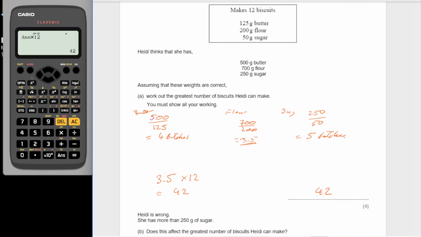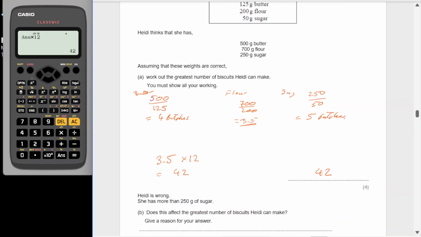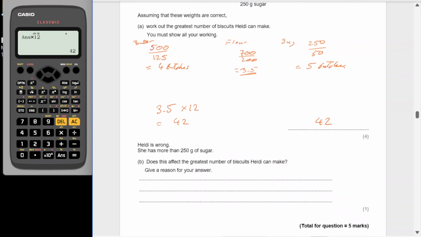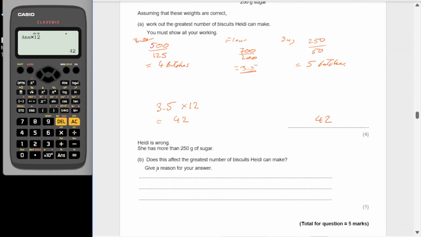Second part is often quite similar. Heidi is wrong. She has more than 250 grams of sugar. Does this affect the greatest number of biscuits Heidi can make? Give a reason for your answer. Well, it's going to be a no because she hasn't got any more flour, and flour is our limiting factor. So does this affect the answer? No. Flour is our limiting factor.